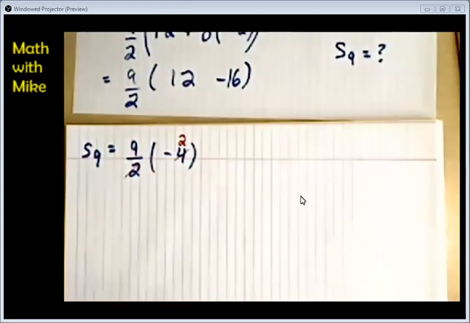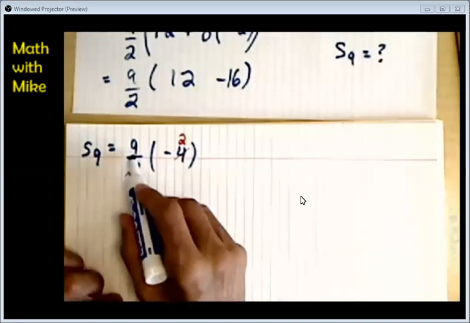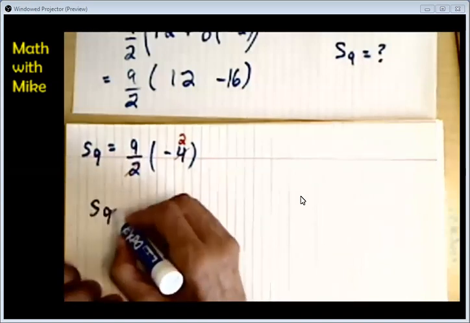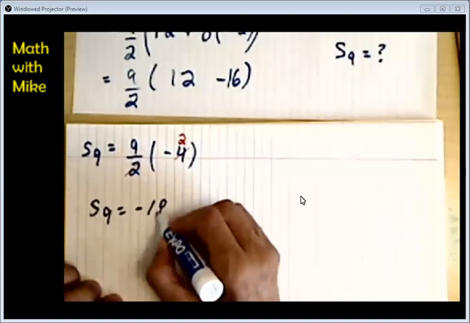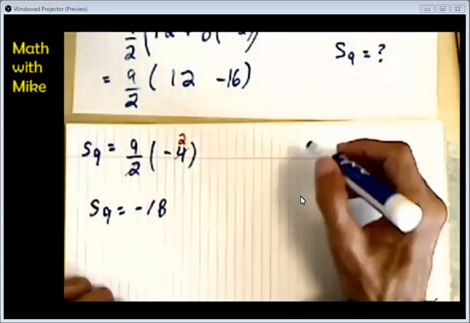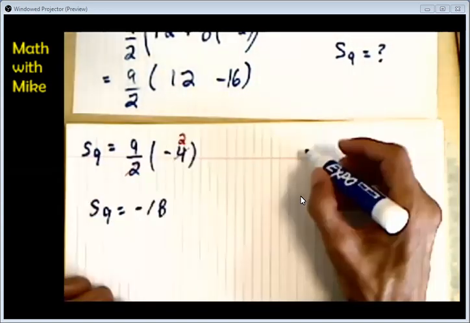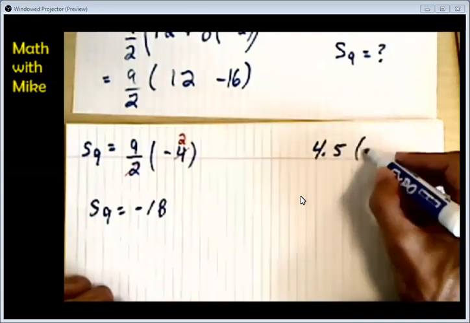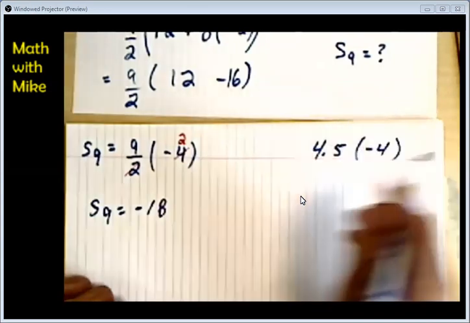So S9 is going to equal minus 18, as we saw earlier on. That's good. Now, someone was saying 9 over 2, 4.5, and this will be times minus 4.